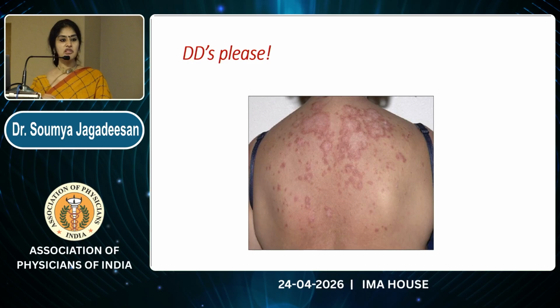So this is a young female who presented with this erythematous scaly rash on the back, also on the forearms, upper part of chest since 8 weeks. Any differential diagnosis? Annular almost.